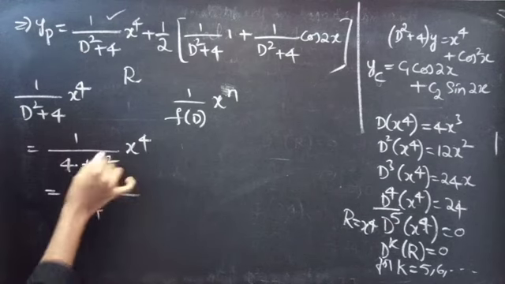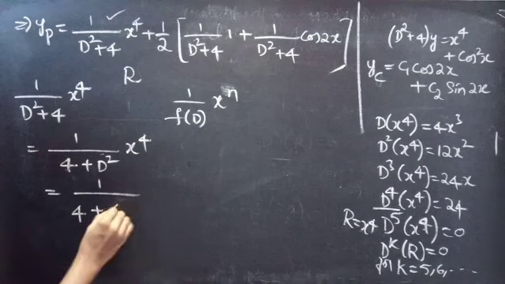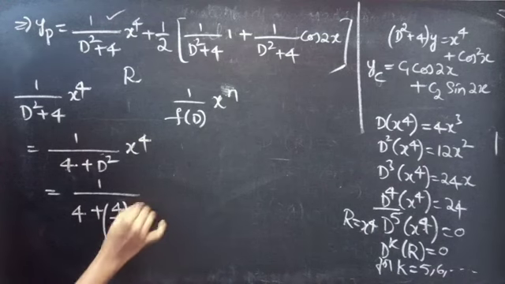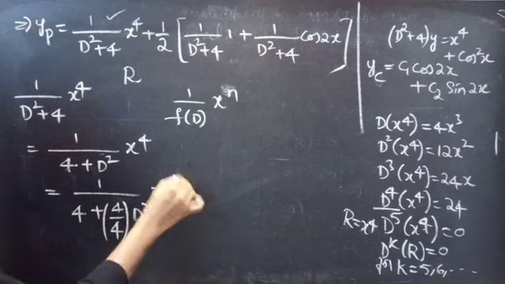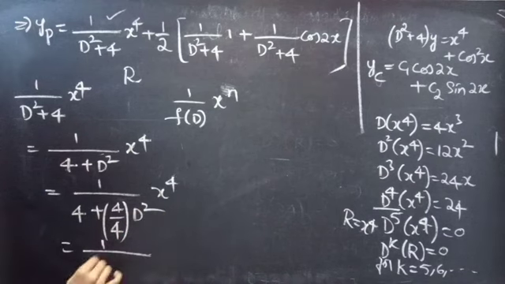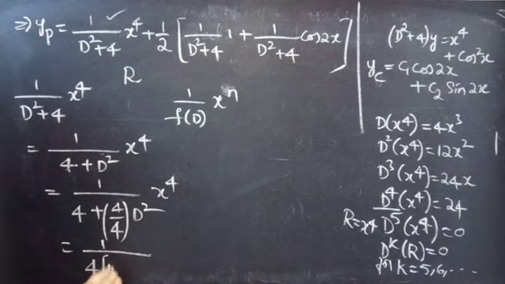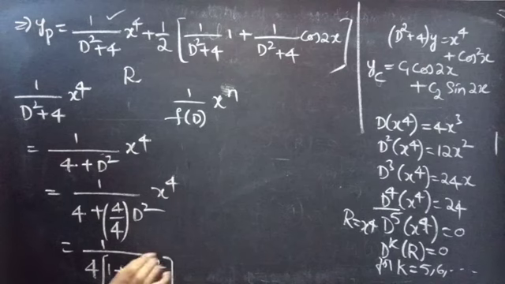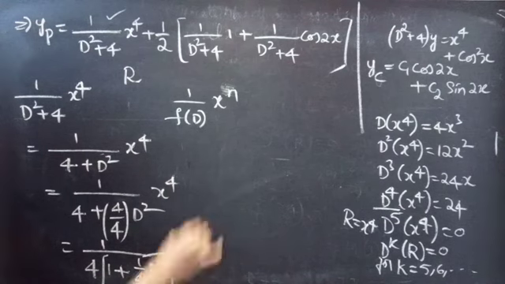But in the second term we don't have any 4, so we'll multiply and divide this term by 4, so that in the next step it will be easy to take 4 common from the two terms. Right? So we'll get 1 by 4 into 1 plus 1 by 4 into d square into x power 4.